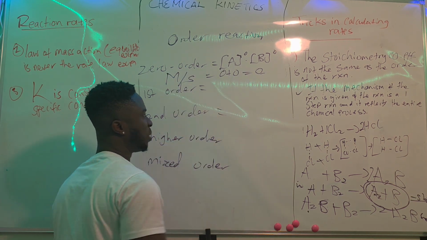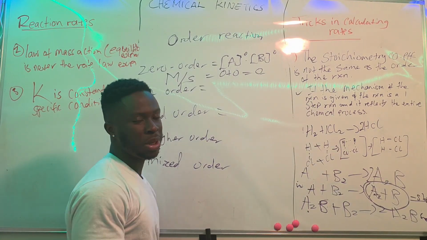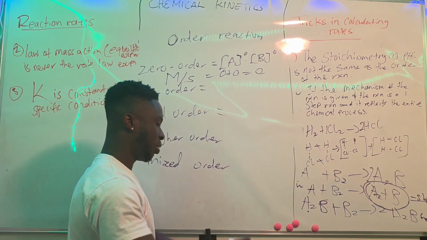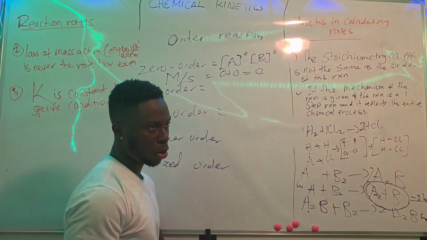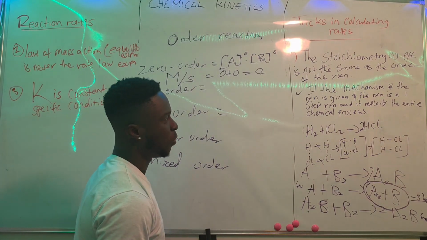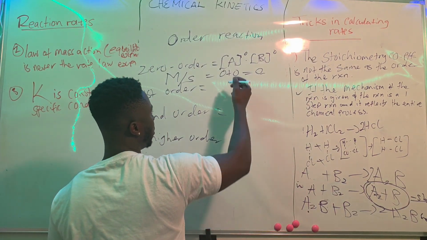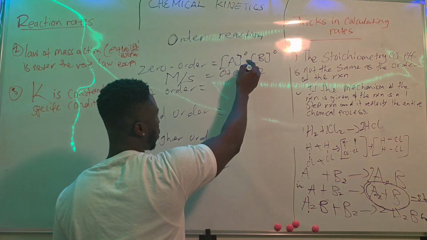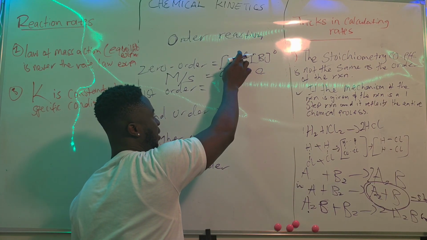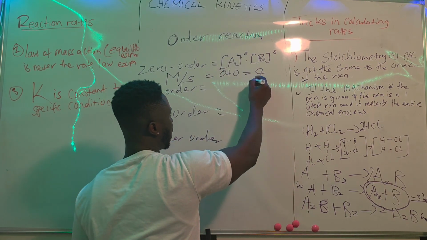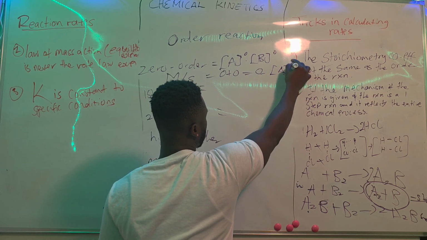Now the m is not meters, it's molarity, meaning mole per decimeter cube per second, but we summarize the mole per decimeter cube called molarity as m over there. The reason why it becomes m is that you measure the concentration of this over here. So if you are supposed to find just A, you are going to measure the concentration of A like this, to the power of 0.